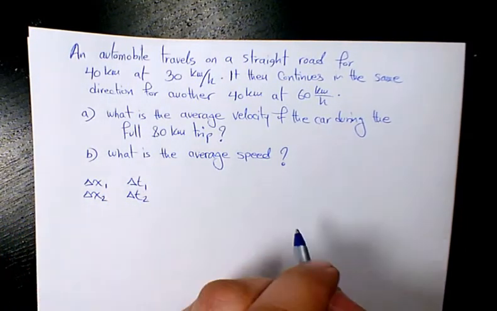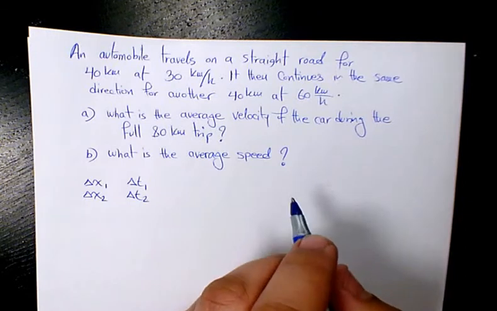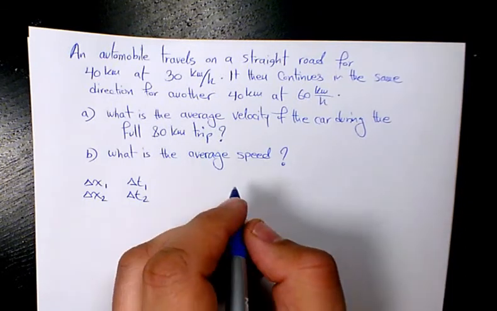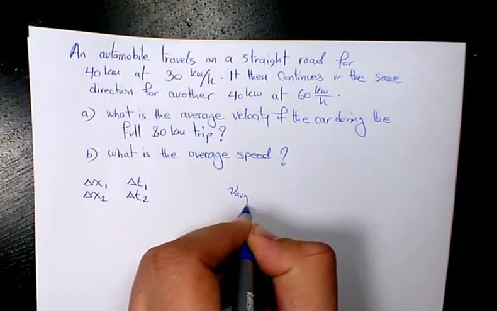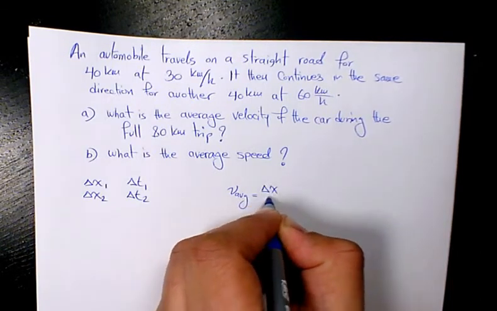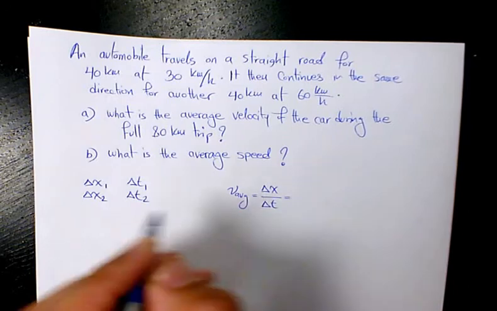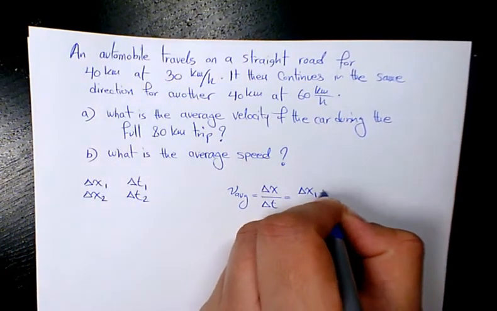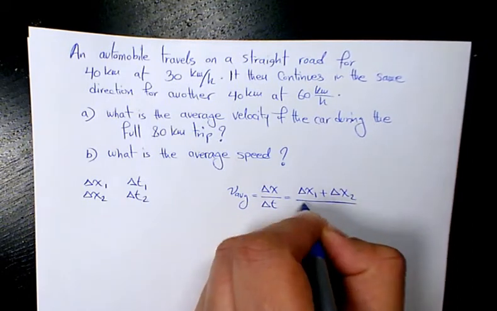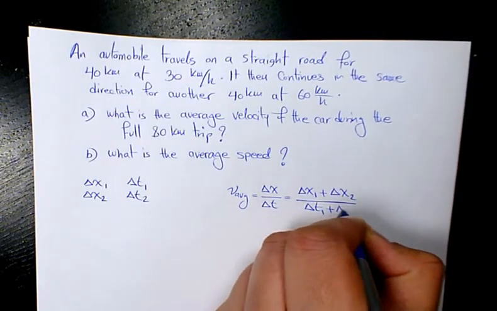That's the corresponding time intervals. So we can say average velocity is going to be delta x over delta t. Delta x is going to be, since it's in the same direction, delta x1 plus delta x2 divided by delta t1 plus delta t2.